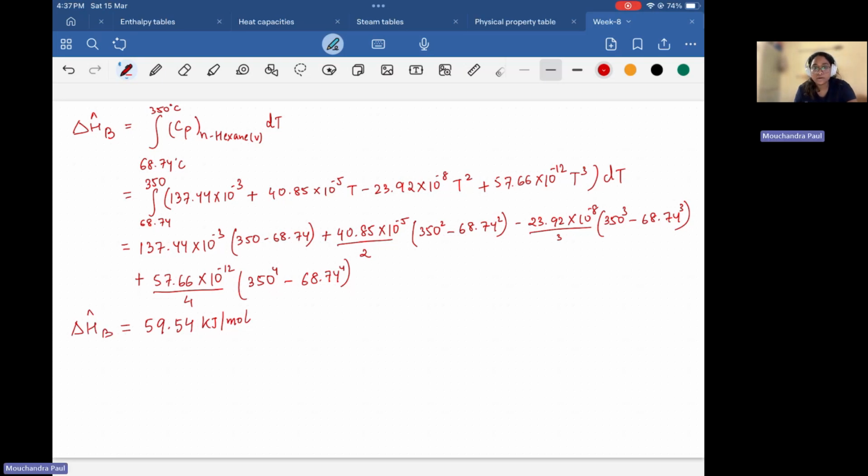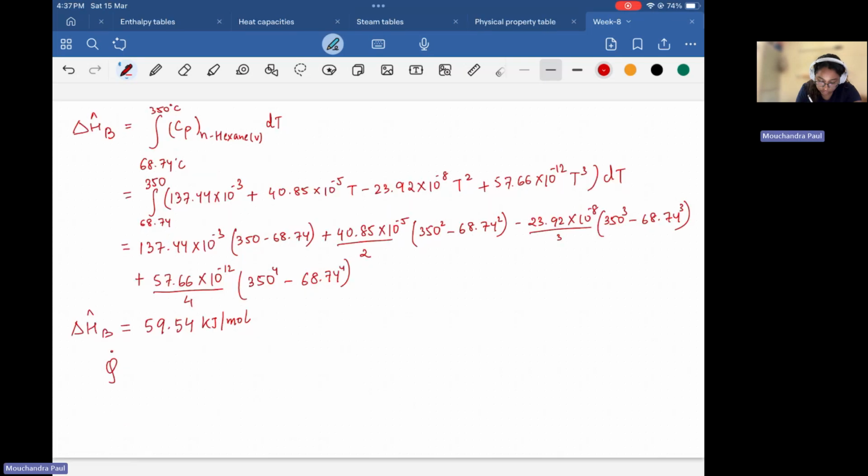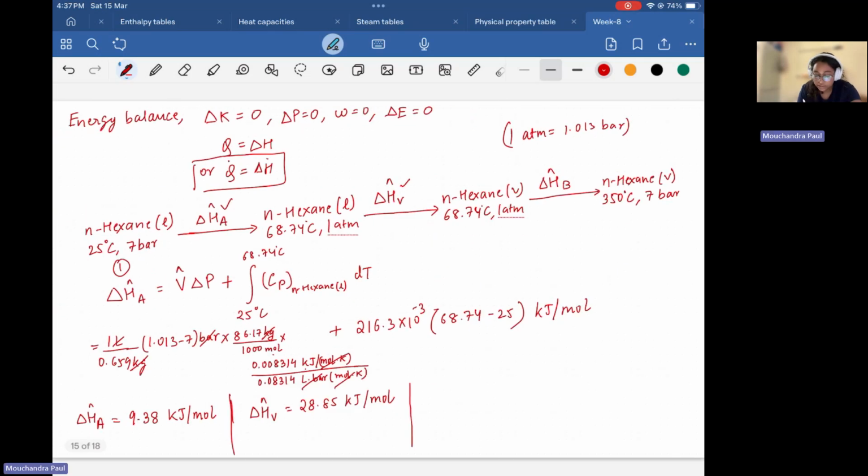Right. Now, since we got all the change in enthalpy values, Q dot will simply be delta H dot.